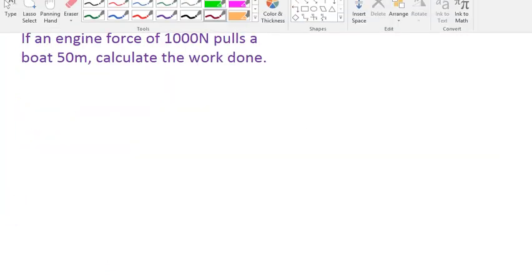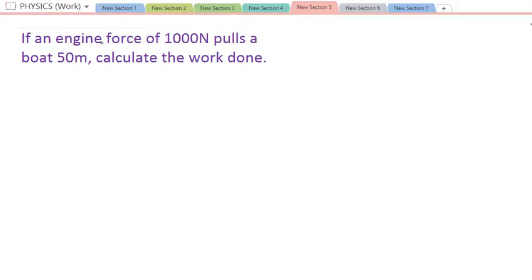Let's go ahead and make sense out of it. It says if an engine force of 1000 newton, so because we are seeing newton, what comes into our mind? Force, right? So F is 1000 newton, pulls a boat 50 meter. Because of meter, we know it is distance, so let the unit always help you to know what you're talking about.